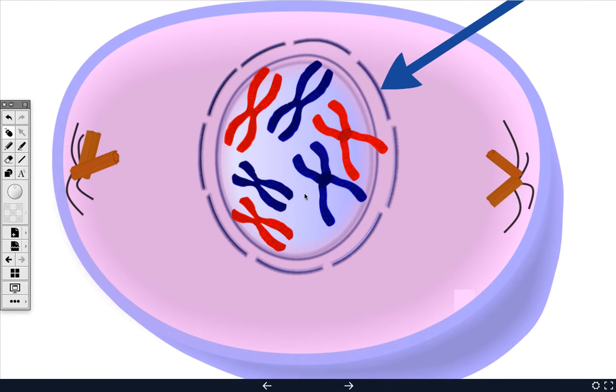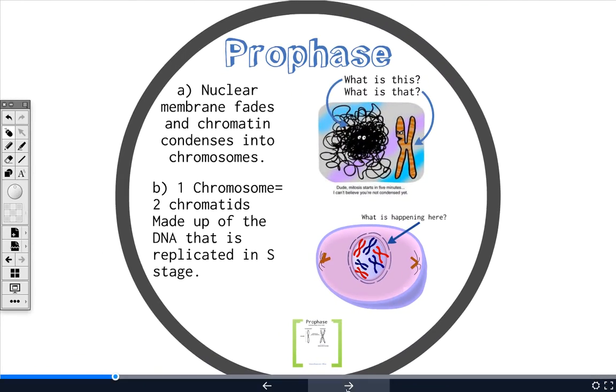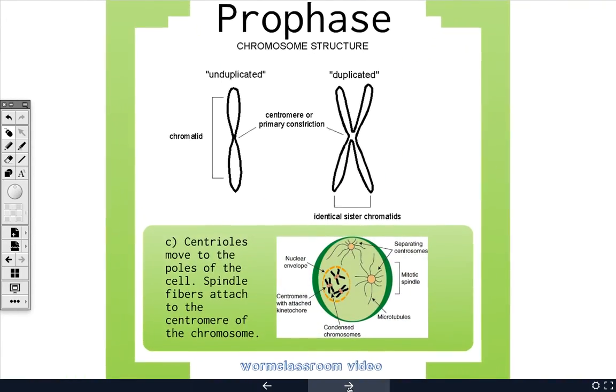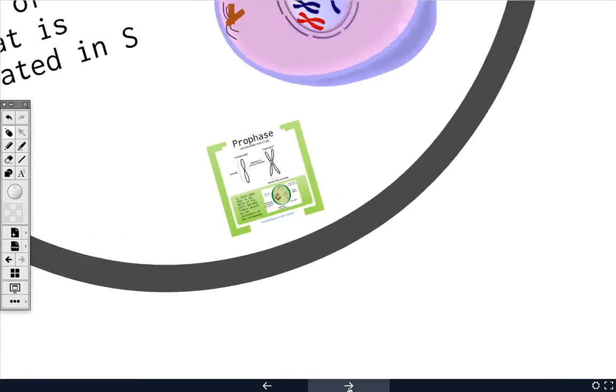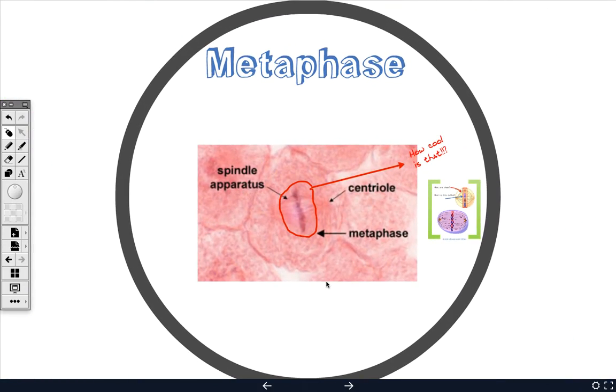This is not a black dot anymore. We start seeing gaps in here, and we start seeing chromosomes or X's. And then these centrioles move to opposite poles, and those fibers begin reaching out here. And so if you see a cell that looks a little bit like that, you can tell that it is in prophase.